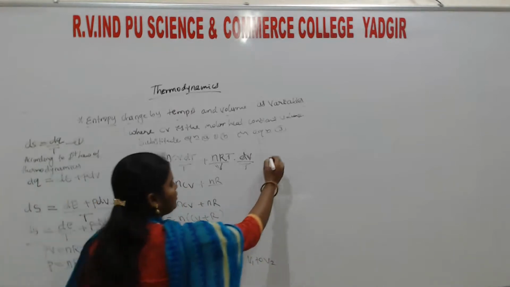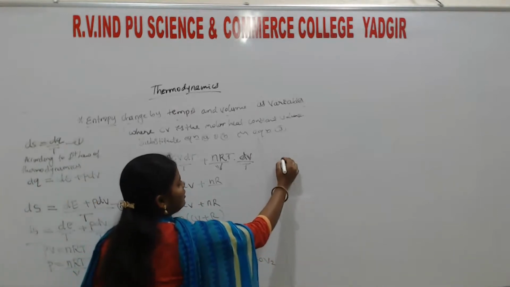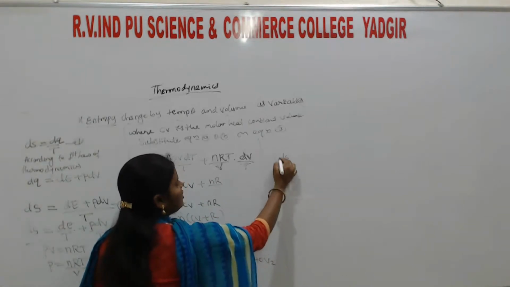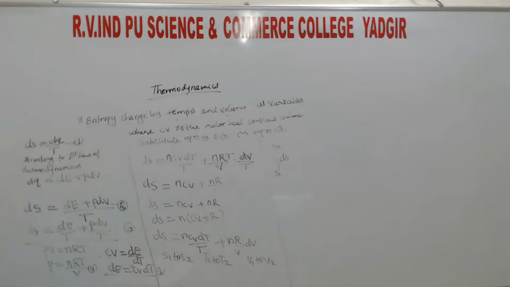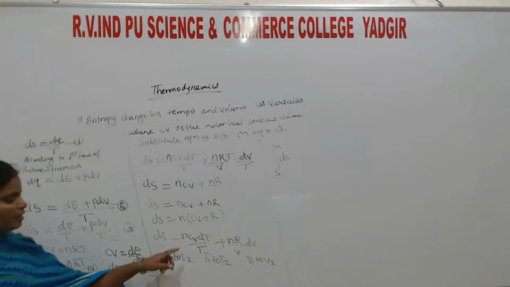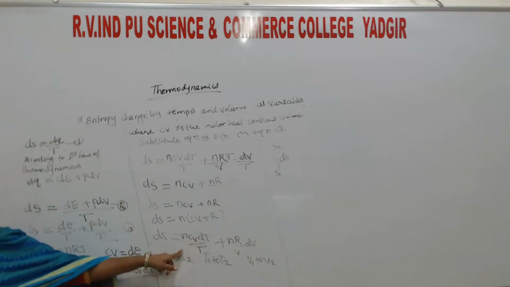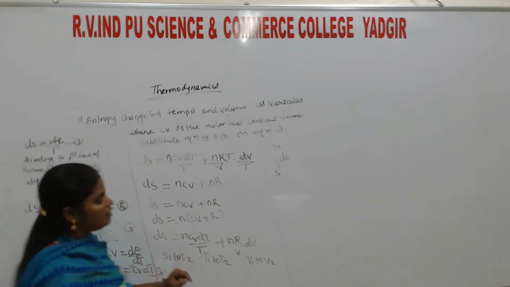Here the integration of dS has limits S1 to S2, and the second one, n CV dT divided by T, has limits T1 to T2.